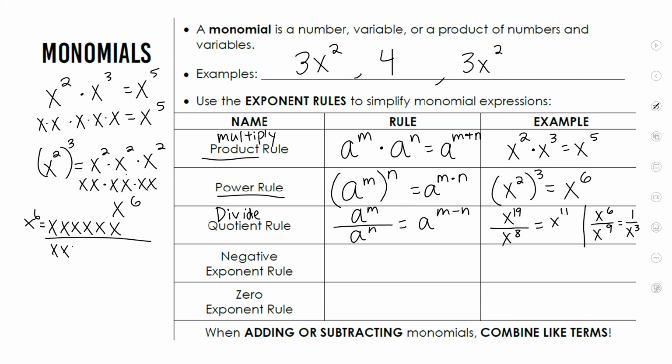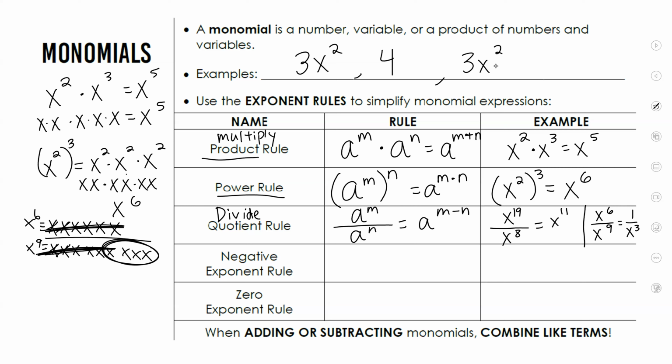X to the power of 9 is 9 x's on the bottom. That cancels. So basically 6 of those cancel out with 6 of those. You're left with 3 on the bottom. That's why it's 1 over x cubed. That's the quotient rule. Just subtract.